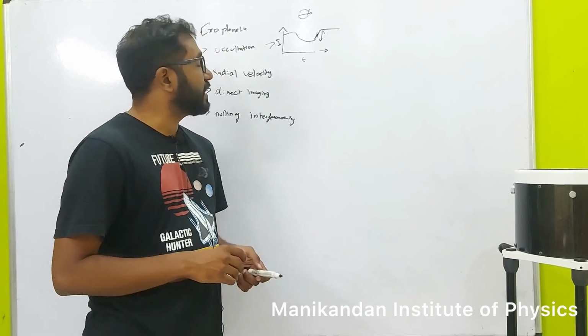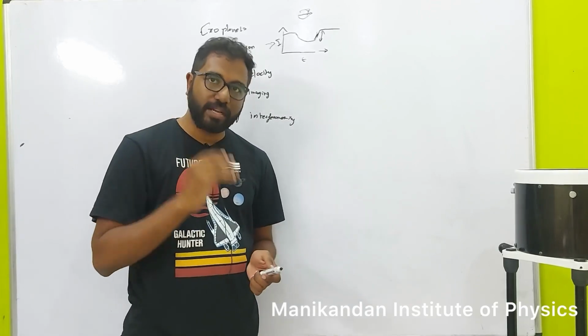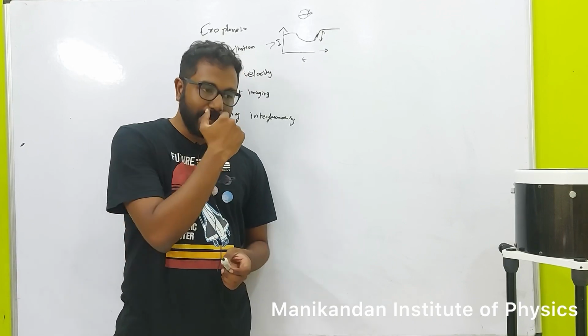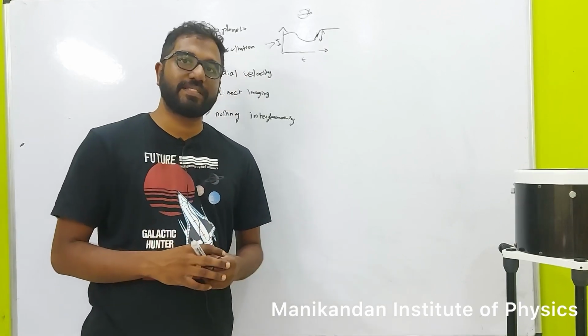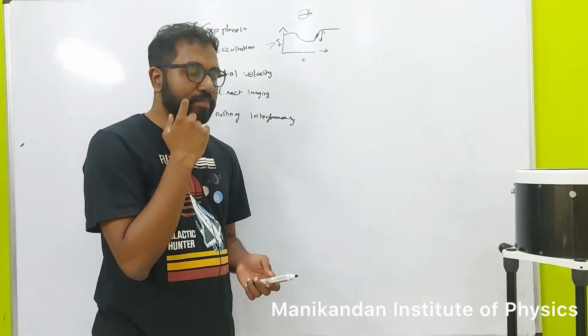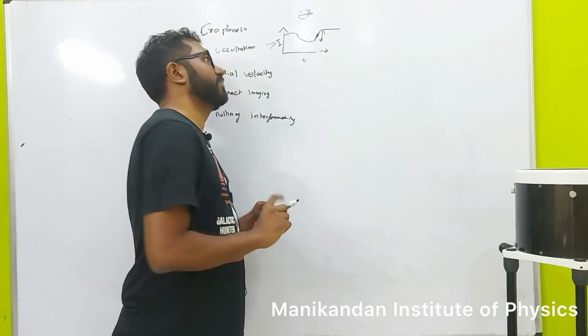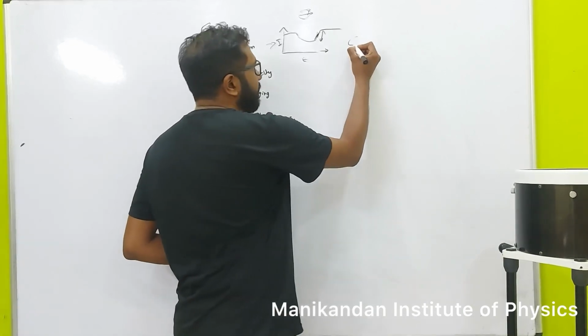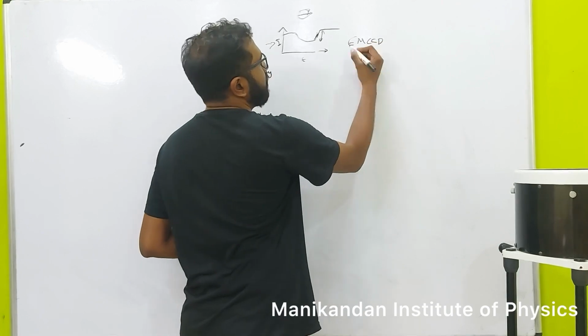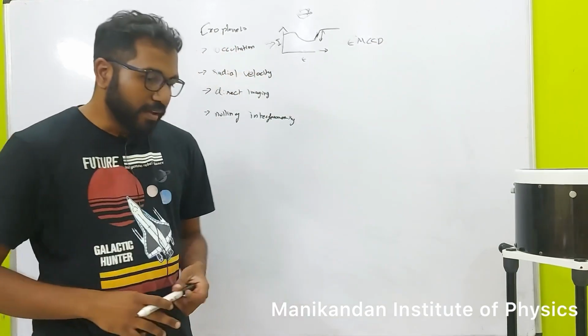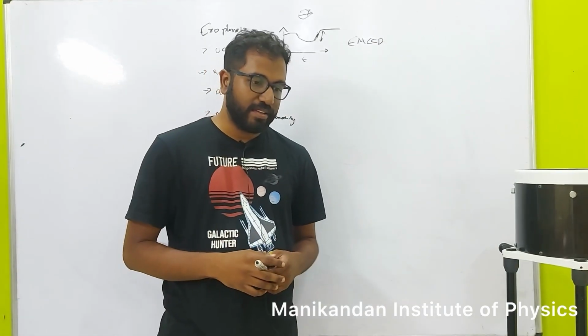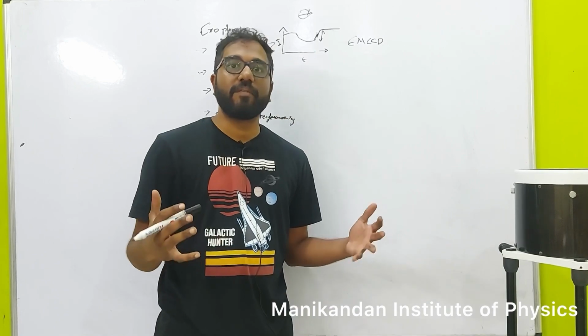Also, these are ultra short time frames, which means I need not just a sensitive camera, but what we call EMCCDs: electron multiplying charge coupled devices. EMCCDs are high frame rate cameras.